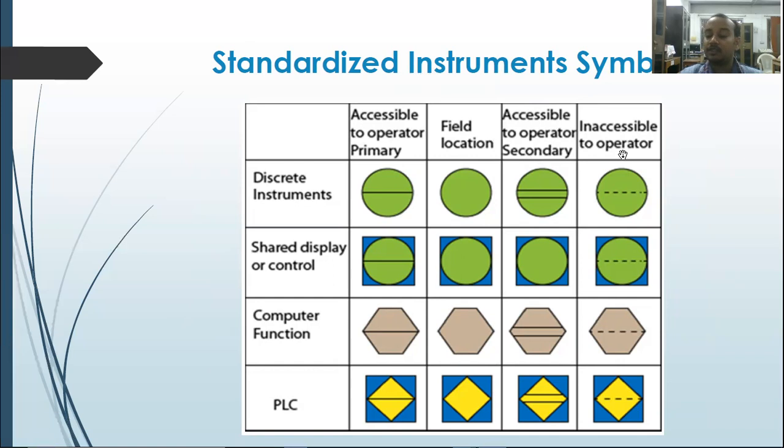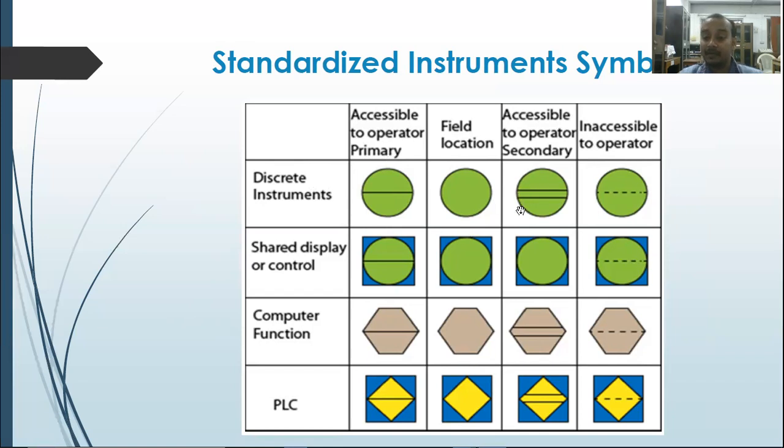In the first row, this is the discrete instrument we are talking about. If it is a temperature measuring instrument accessible to the primary operator, then it is a circle with a continuous line in the middle. If it is only a field-located instrument, then it is only a circle, nothing else.